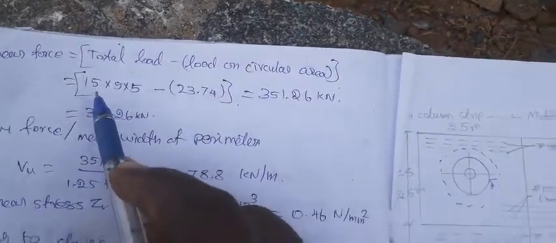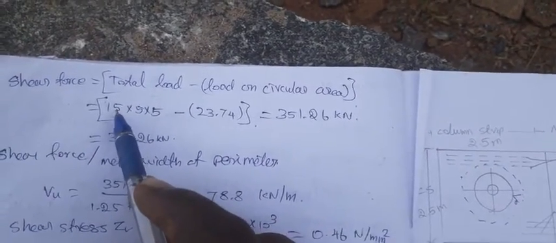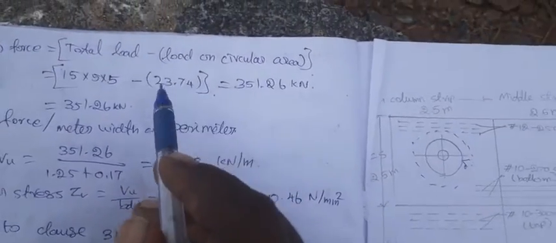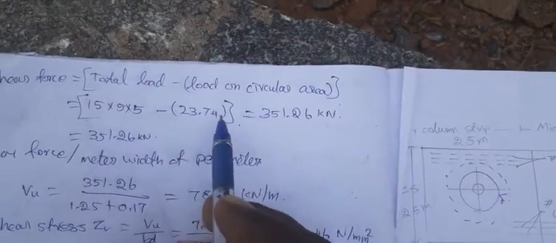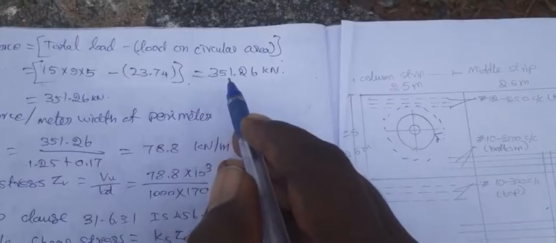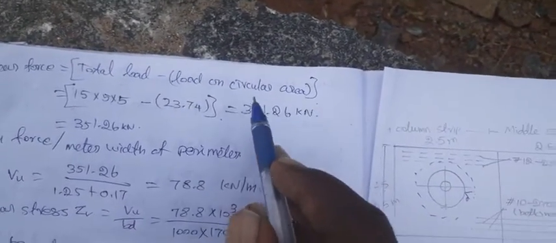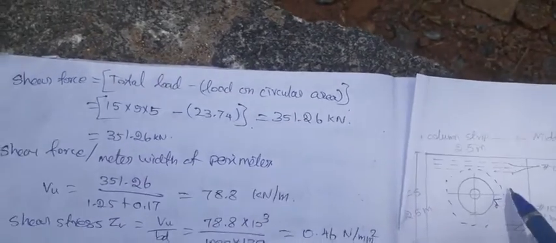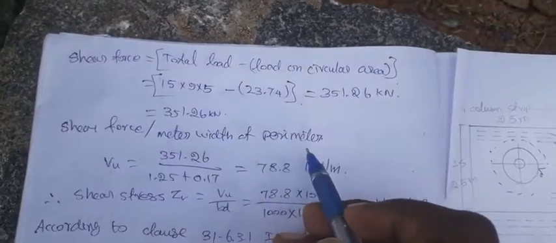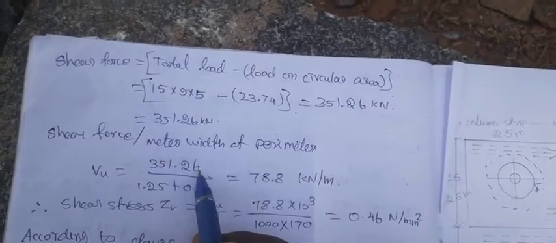The total load is 15, the ultimate load, into 5 into 5, the total area, minus 23.74, the smaller load above the circular area. We subtract this portion and its value comes around 351.26 kilonewton. This is the actual force in the downward direction. So 351.26.